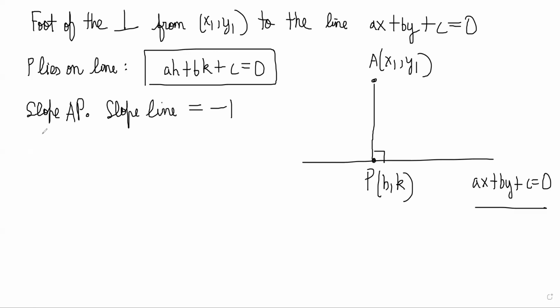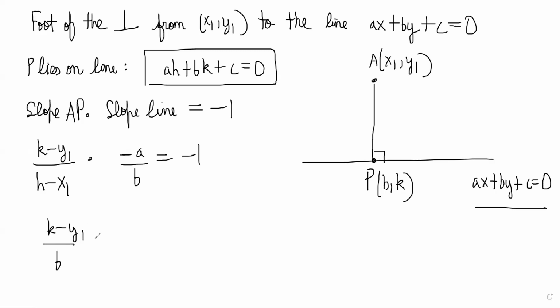The slope of AP is k minus y1 by h minus x1, and the slope of the line is minus a by b, and the product should be equal to -1. So from here we get k minus y1 by b is equal to h minus x1 by a. This is the relation that we get from the slopes, right?